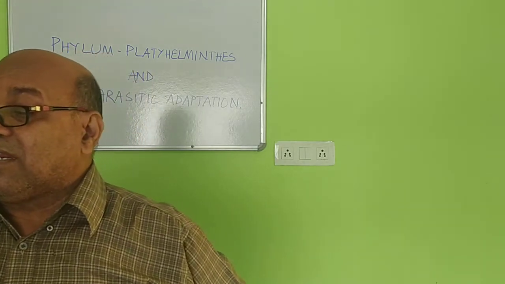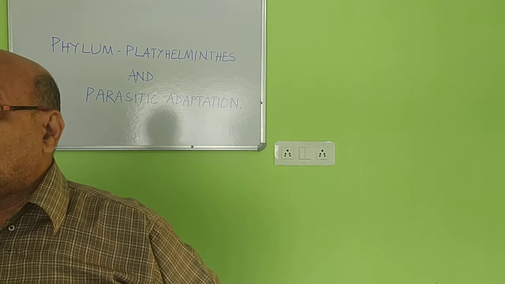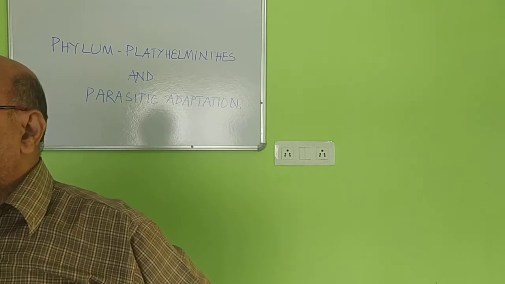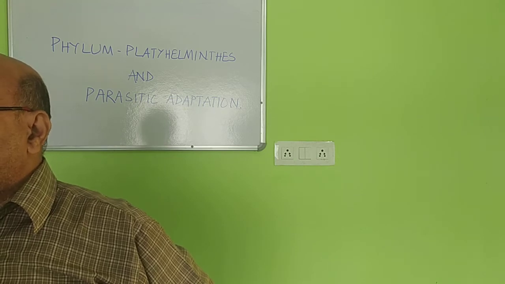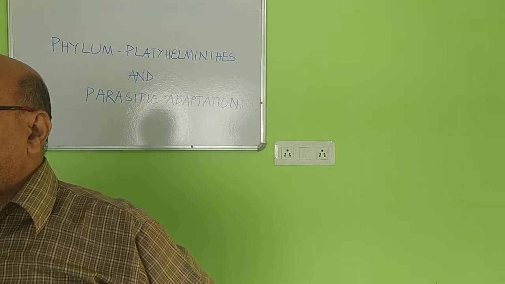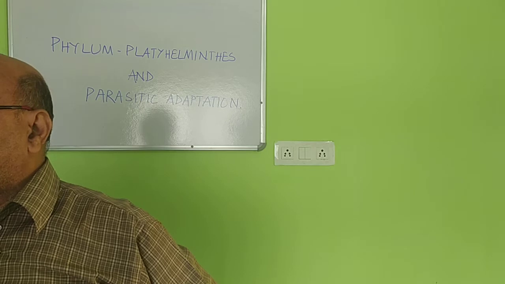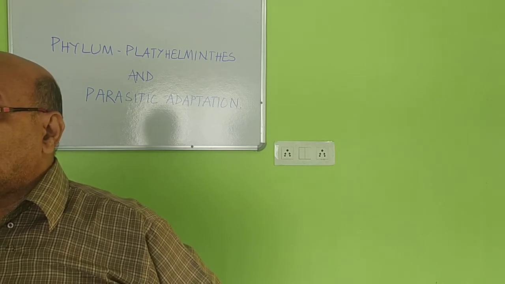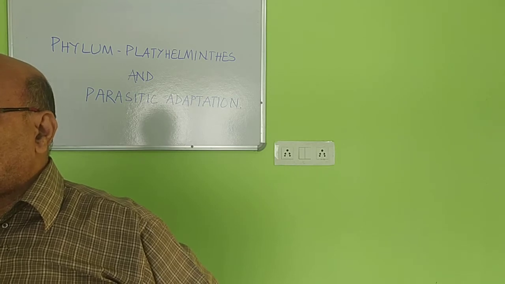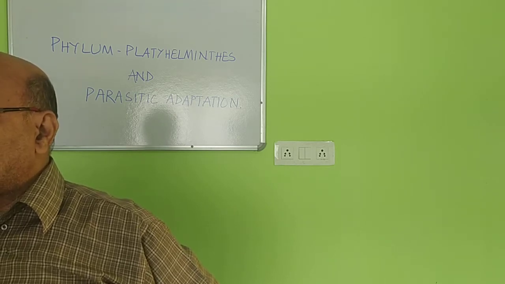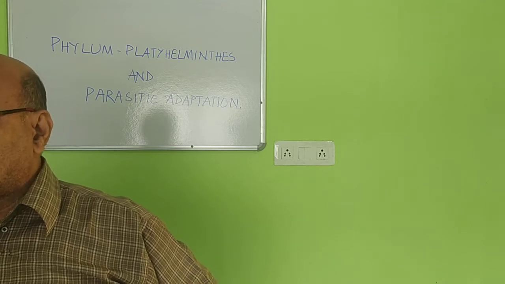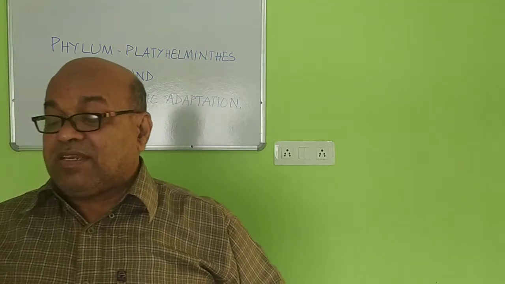The members of this phylum lack a space between the body wall and digestive cavity, called the coelom, and thus are acoelomate, triploblastic, bilaterally symmetrical, and invertebrates.